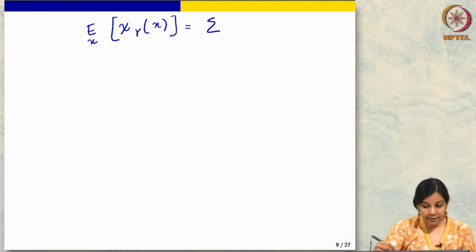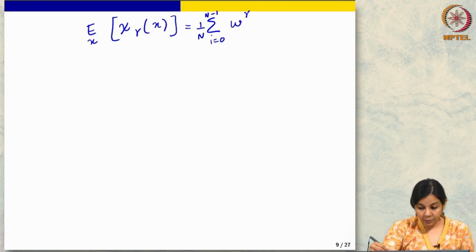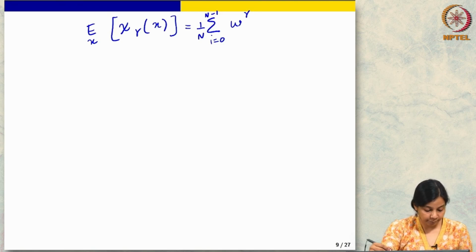So, this is the summation 1 over n, x going from 0 to n minus 1, of omega to the gamma x, right.